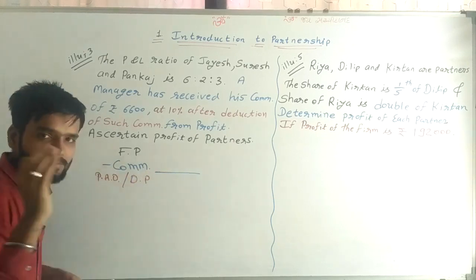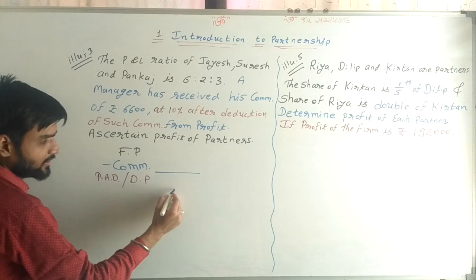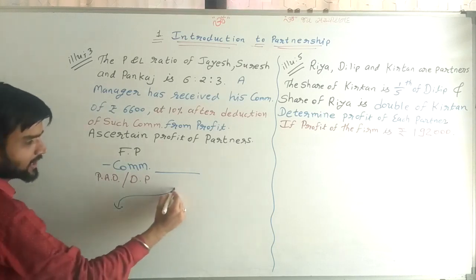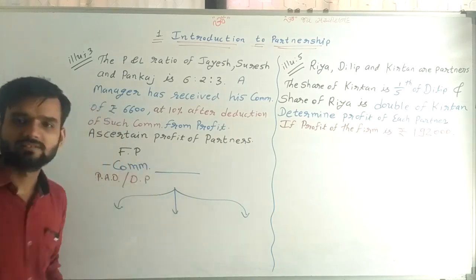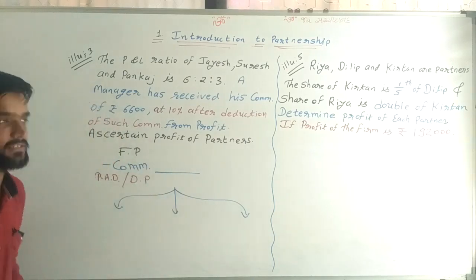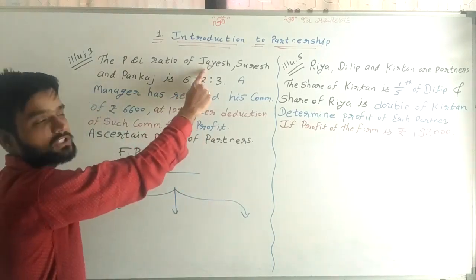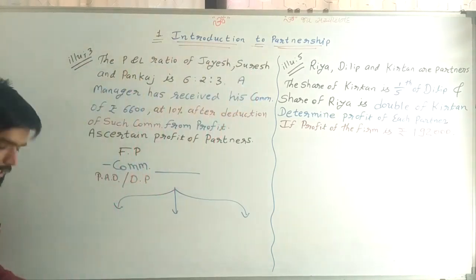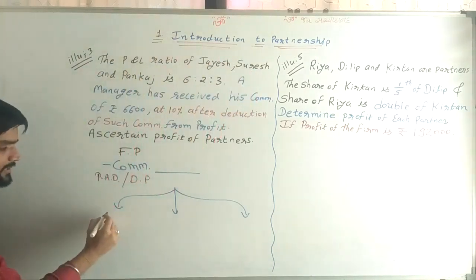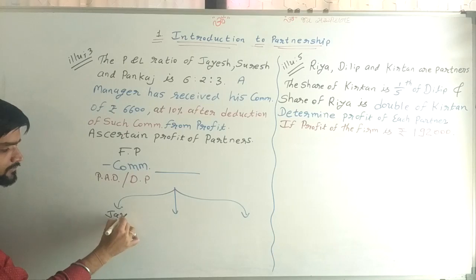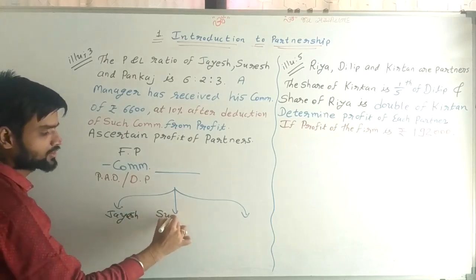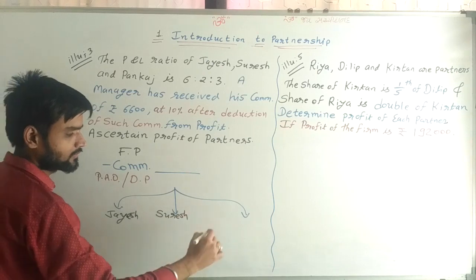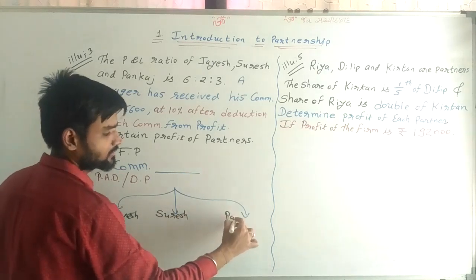And this profit we are distributing among the partners. Here, 3 partners are given: Jayesh, Suresh and Pankaj. So write the names of the 3 partners: Jayesh, Suresh, Pankaj.